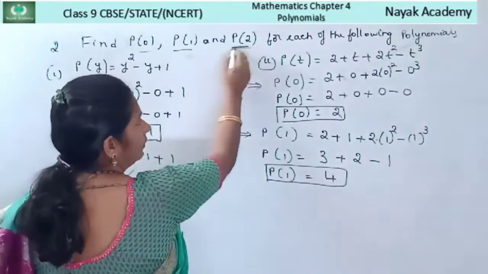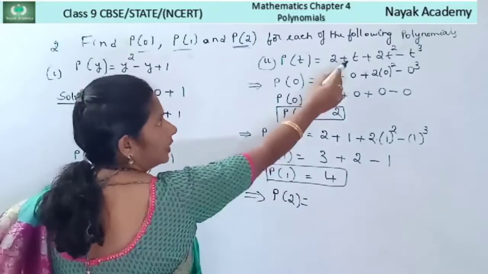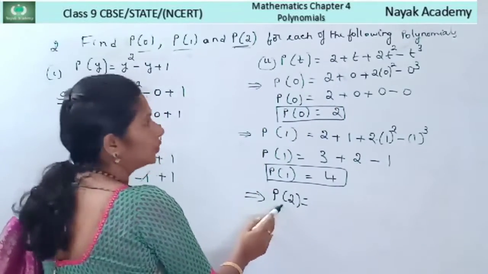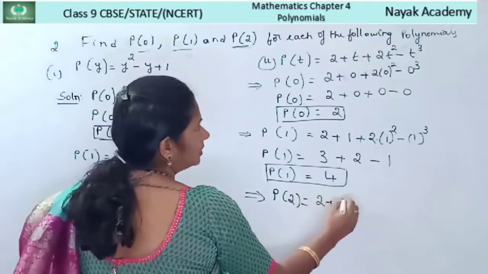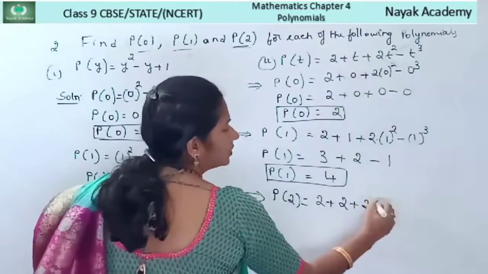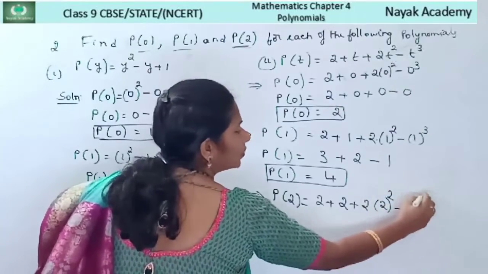Now let us find the value of p of 2. So p of 2 equals, what do we have to do, children? In place of t, we have to substitute the value of t as 2. So it is 2 plus 2 plus 2, as it is, minus 2 cube.